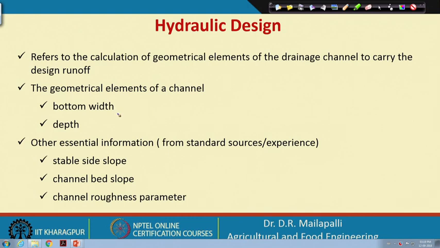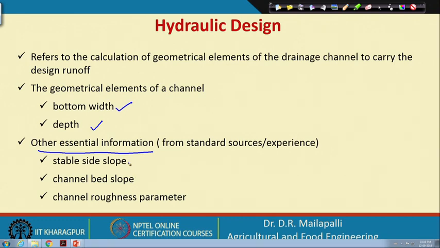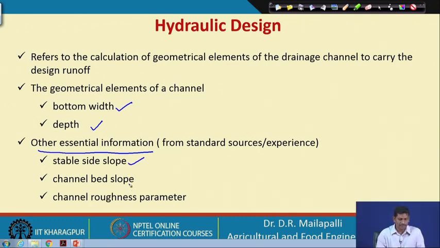The design geometric parameters are bottom width and depth, and in addition we are going to estimate other information such as stable side slopes, in order to avoid the collapsing of the walls, and the channel bed slope, in order to maintain a non-erosive flow rate, and the channel roughness parameters like Manning's roughness coefficient.